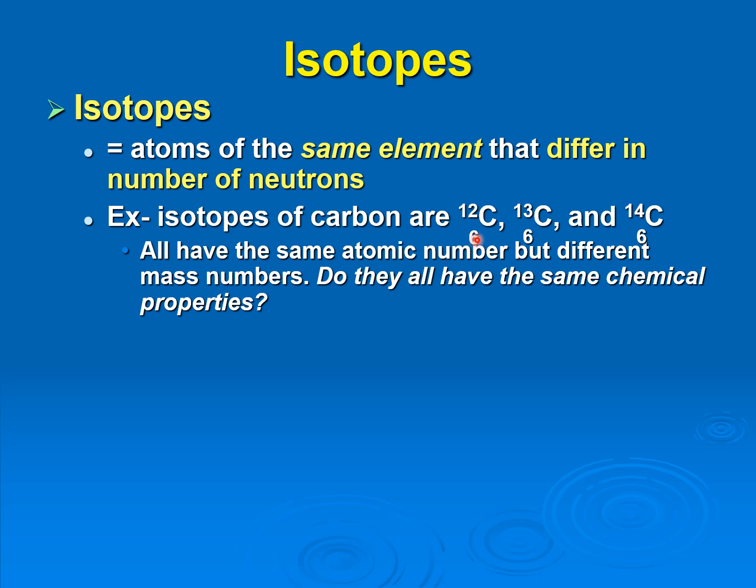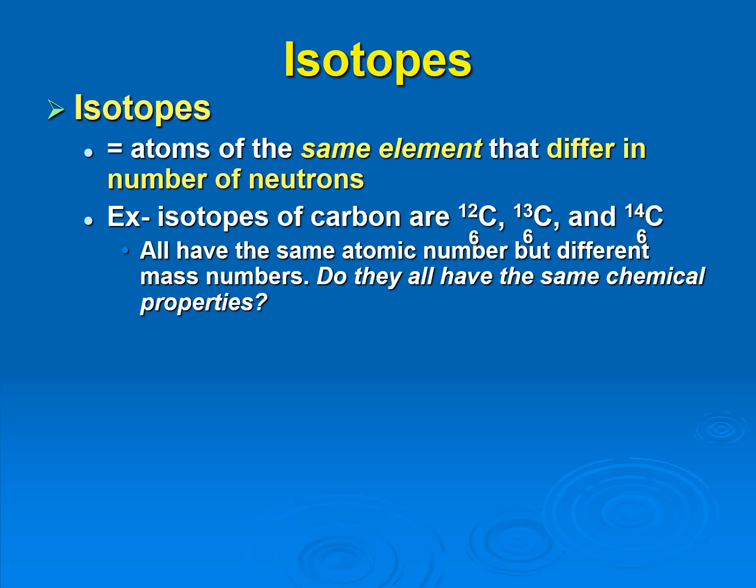And you can see the atomic number is the same for each of these. Okay, so atomic number, remember, is the number of protons, so they each have 6 protons. But you can see the mass number is different for each of these. So we have a mass number of 12, 13, and 14.